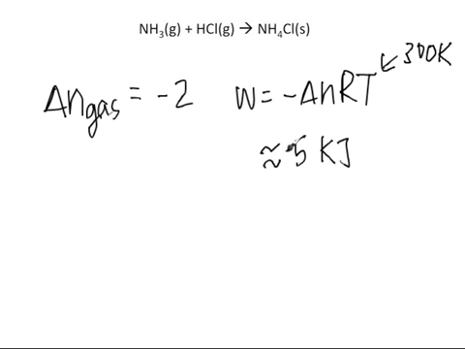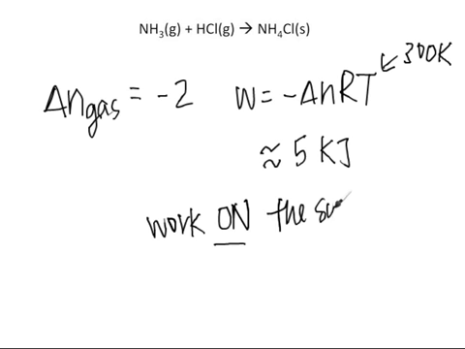Now because it's a positive work, we know that it's work being done on the system. The positive and negative signs are so important. So we know that this is work done on the system.